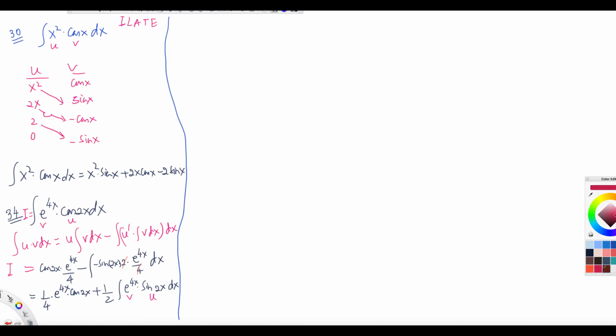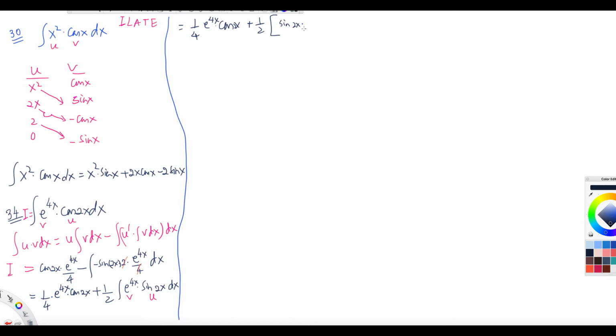So let me write: equals 1/4 e to the 4x cosine 2x, I copied the first term, and then there is plus, I'm writing 1/2. I'm using integration by parts again on the second integral, right? So u is sine 2x.